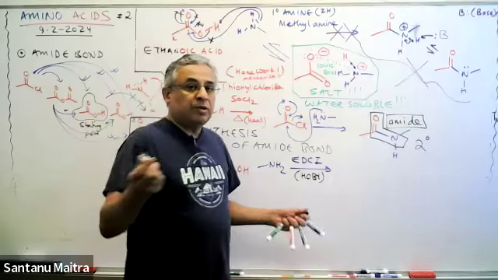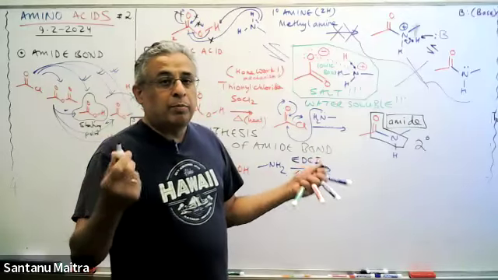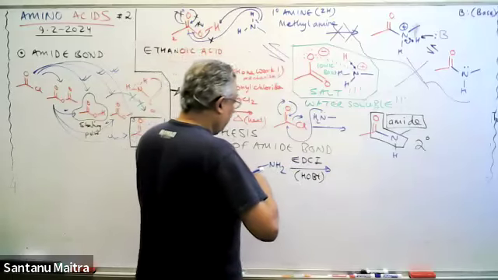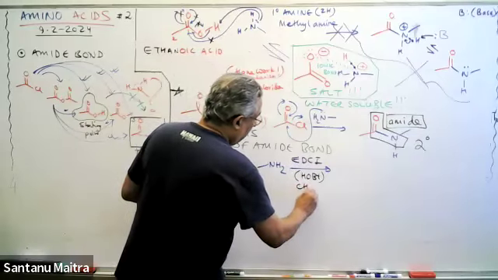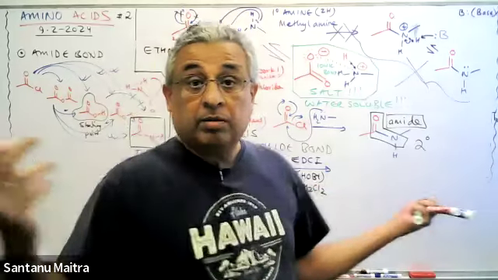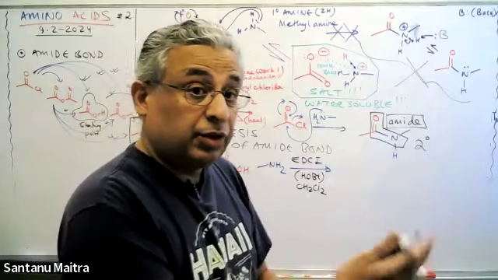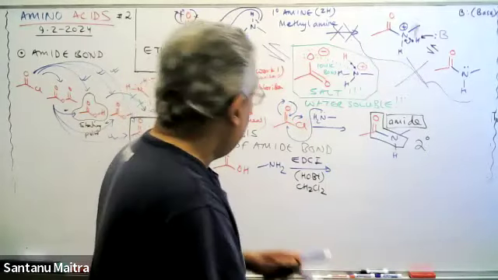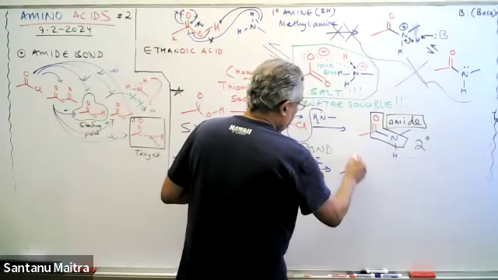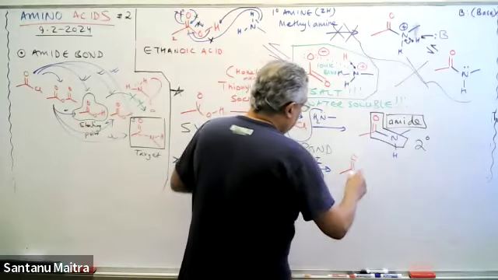HOBT, and then we usually use an aprotic solvent, something like methylene chloride. Okay. Out comes your product with some other junk that comes along, and you get your product.